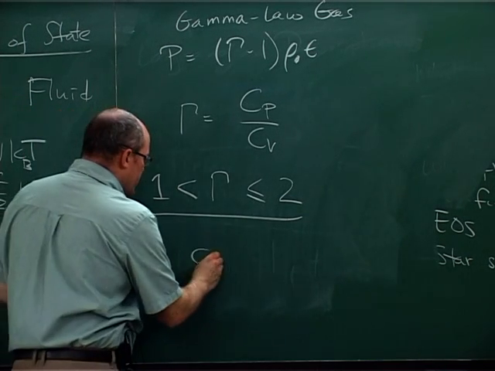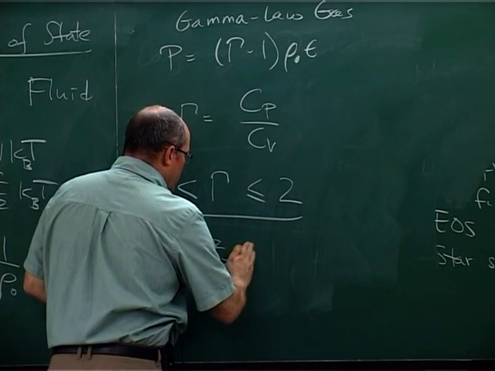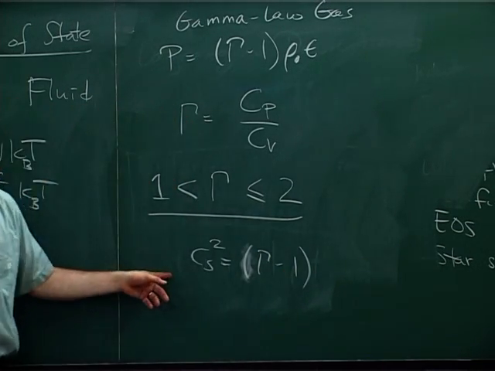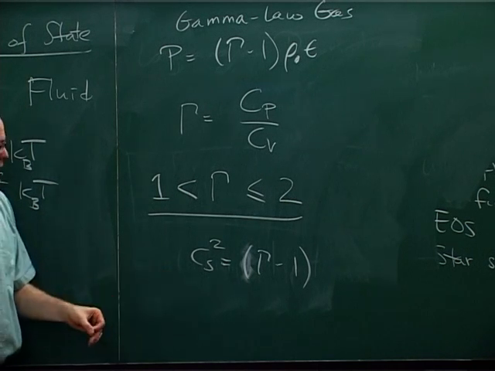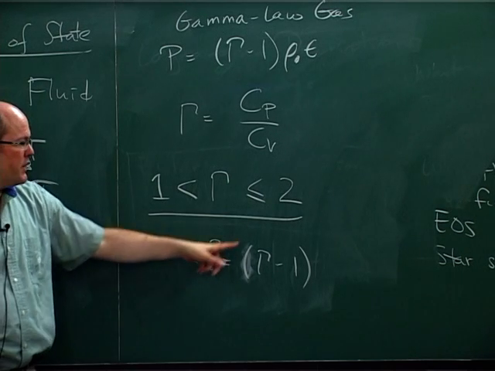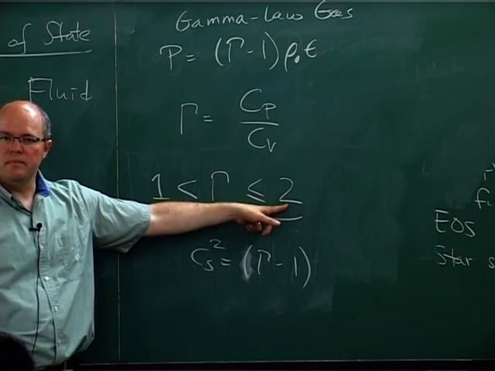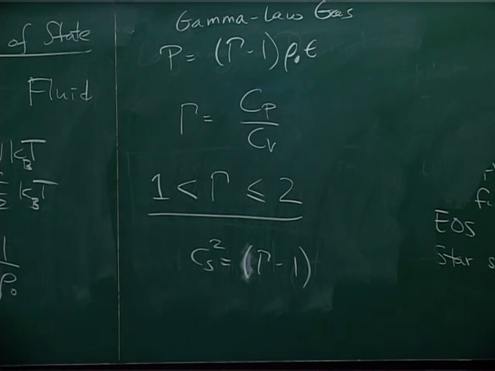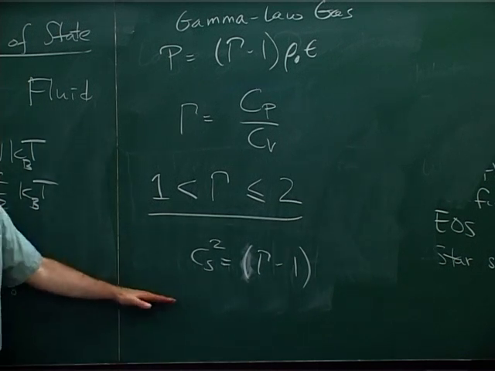Let's see, this is the speed of sound squared, I think. It is gamma minus 1 in units where c is equal to 1. And so if I want this sound speed to be bounded by the speed of light, then gamma can be at most 2. And it's bigger than 1. So that's the equation of state we'll have in our minds. You can come up with more complicated equations of state for different things, but we'll be using just the ideal fluid equation of state.